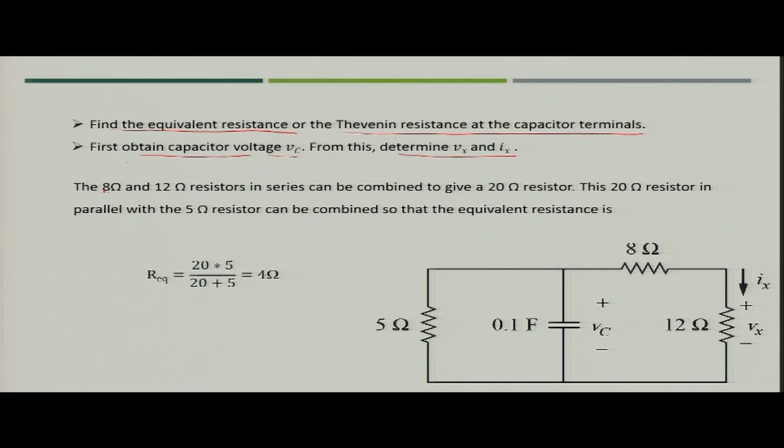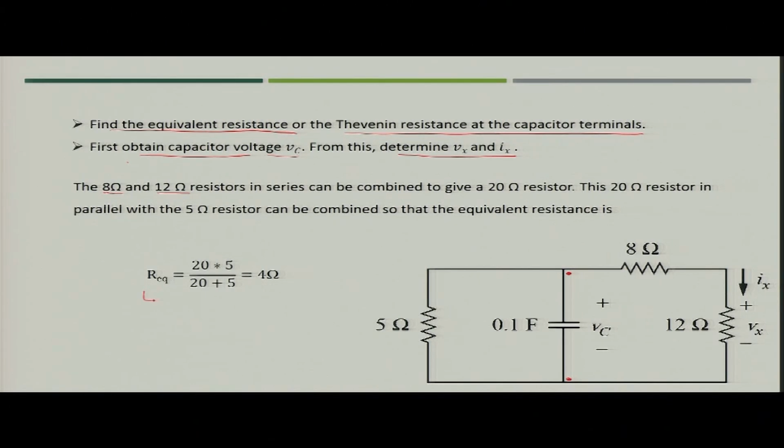Now, 8 ohm and 12 ohm resistors are in series, and this combination is in parallel with the 5 ohm resistance. So, if you look at these two terminals and find the Thevenin equivalent resistance across them, you will see that the series combination of these two is in parallel with the 5 ohm resistance.